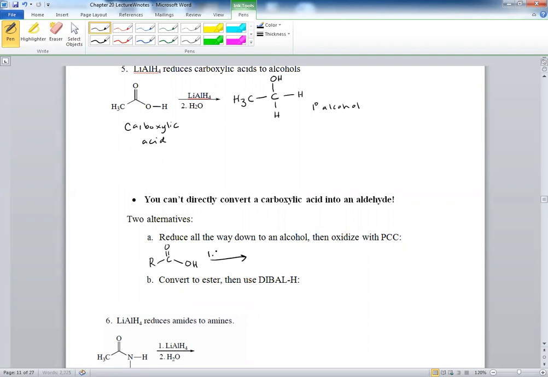So if you reduce this all the way down to an alcohol, you can use PCC to arrive at an aldehyde.